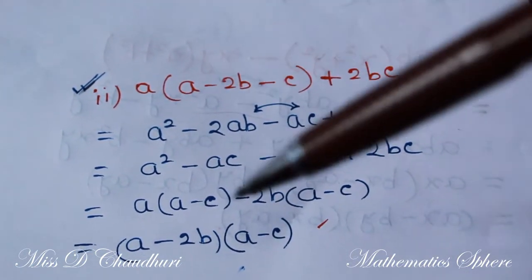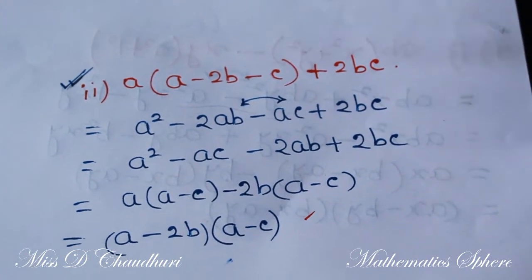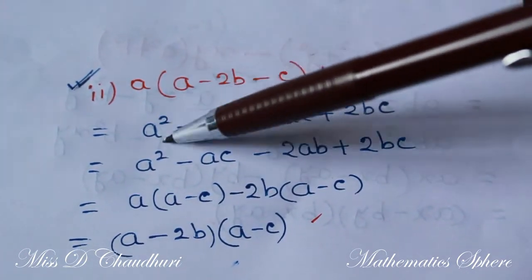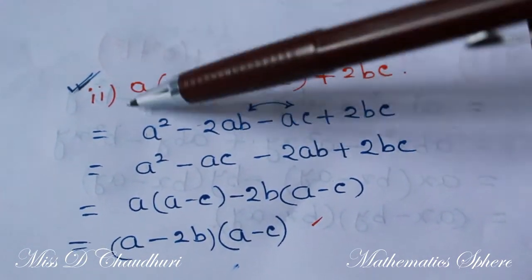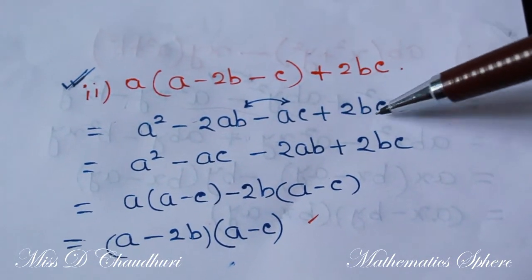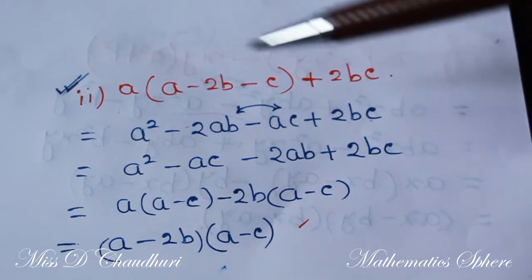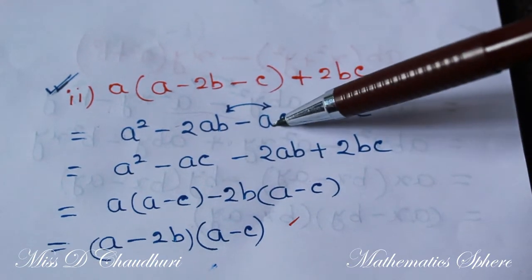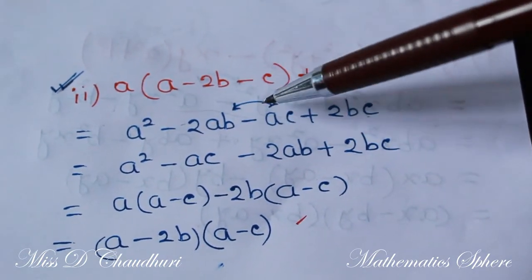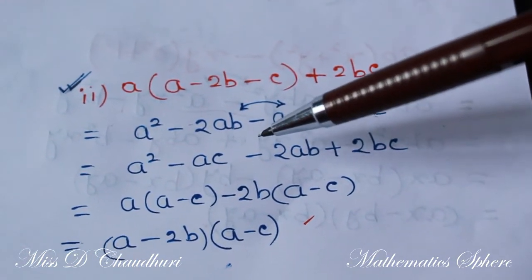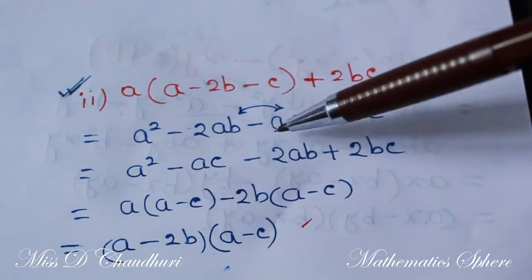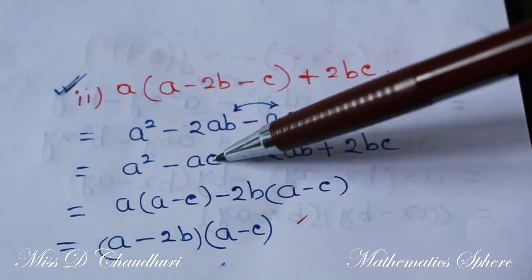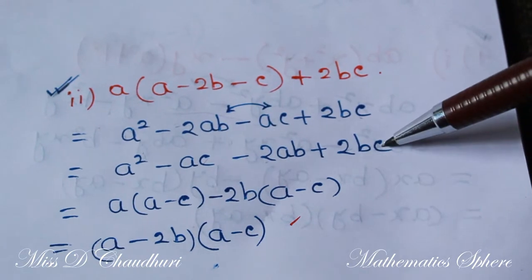A few sums are of this type, so be careful. So a into a gives us a square minus 2ab, a into minus c is minus ac, plus 2bc. Now I see here a square is there, here ac is there, so I'm just reversing them. If you do not reverse, you will also be able to take common. No problem. So after reversing, I get a square minus ac minus 2ab plus 2bc.